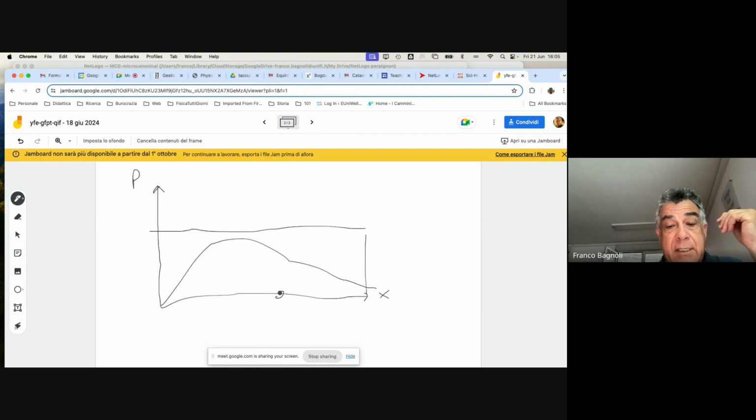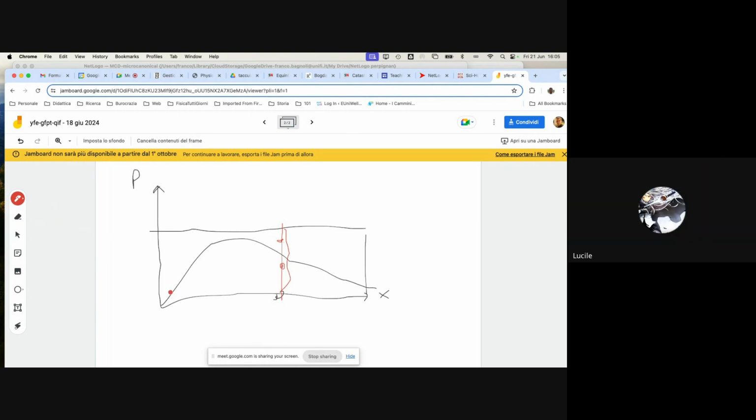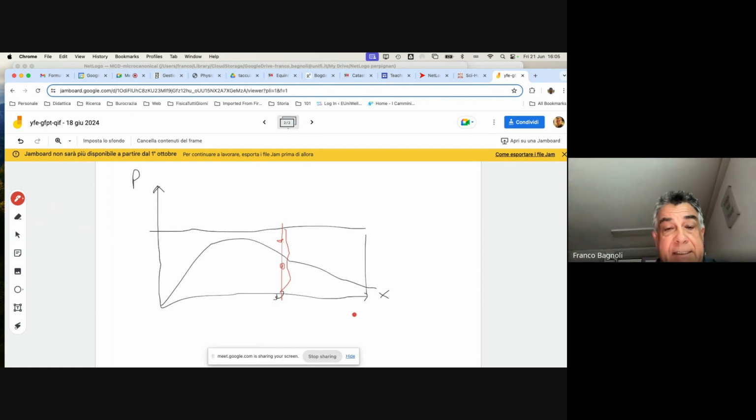I choose an x, say this one. I draw a random number in this interval here. If it is here, I don't do anything. If it is here, I emit the photon with this frequency.